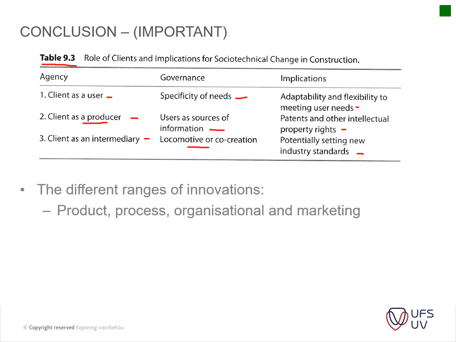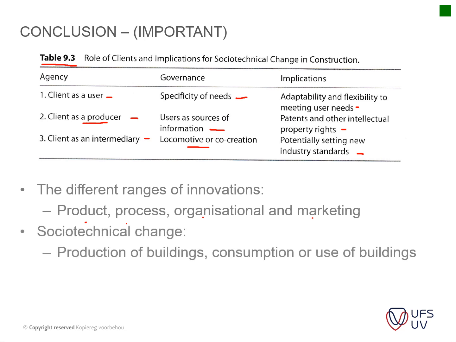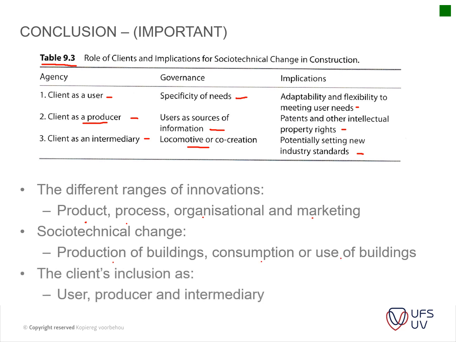And then the different ranges of innovation, you should know these: your product, your process, your organization, your marketing, and then your social, economical, socio-technical change is your production of buildings, consumption, and the use of buildings. Okay, and then the client's inclusion as user, producer, and intermediary.